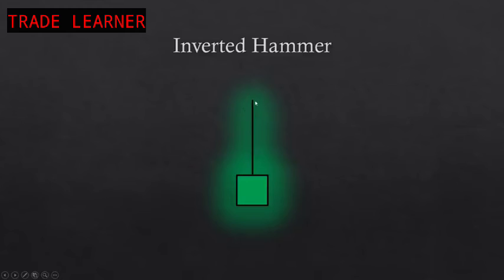However, sellers were able to overcome that and bring the closing of the candlestick to its lower range. Even though sellers prevented buyers from closing the candle on its upper range, buyers still managed to win the battle in the lower range by creating a bullish body. Given that context, we can see that even though buyers won the battle in the end, they are not as strong as they are in a normal hammer pattern.